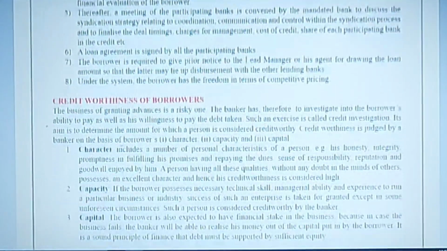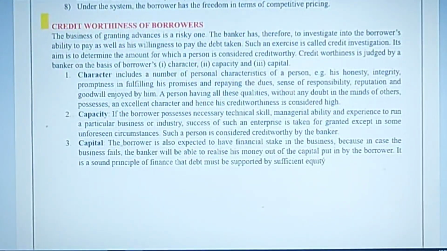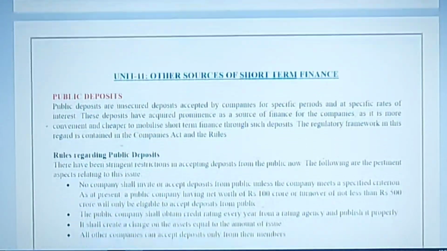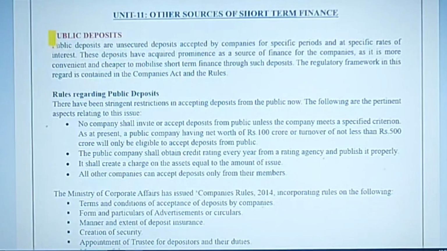Then comes credit worthiness of the borrower, how a bank can find the credit worthiness before giving loans. These factors are considered: character, capacity, and capital, the 3C. Unit 11 is other sources of short-term finance. The company can go for public deposits.